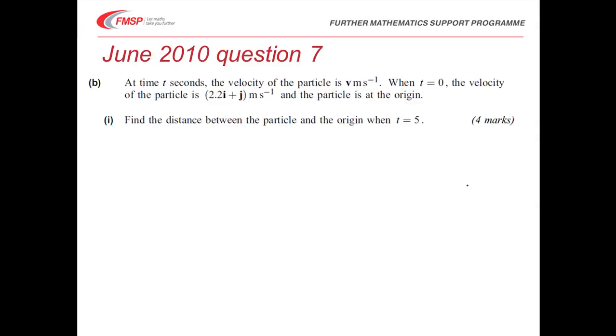If we now look at the next part, it says at time t seconds the velocity is v, and when t equals 0, the velocity of the particle is 2.2i plus j. So we've already mentioned that means that u, the initial velocity, is 2.2i plus j.